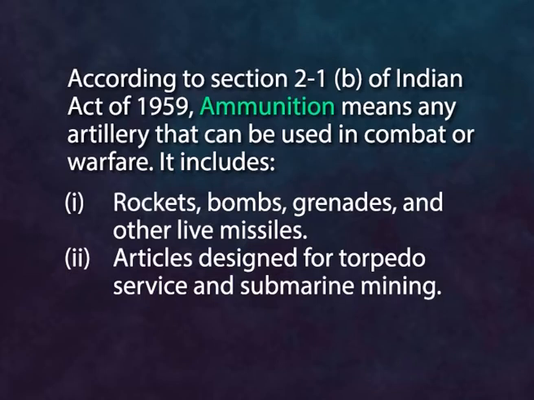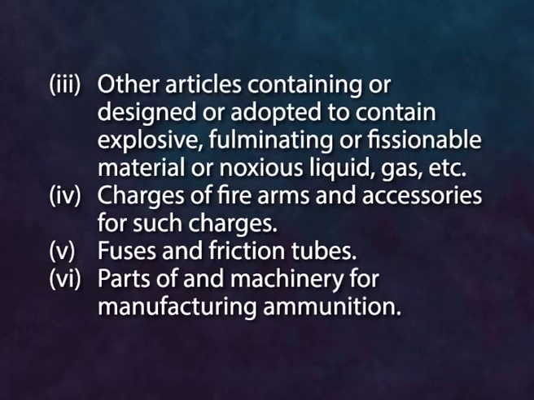It includes rockets, bombs, grenades and other live missiles, articles designed for torpedo, surface and submarine mining, other articles containing or designed or adapted to contain explosive, fulminating or fissionable material or noxious liquid, gas, etc. Charges of firearms and accessories for such charges, fuses and friction tubes, parts of and machinery for manufacturing ammunition.